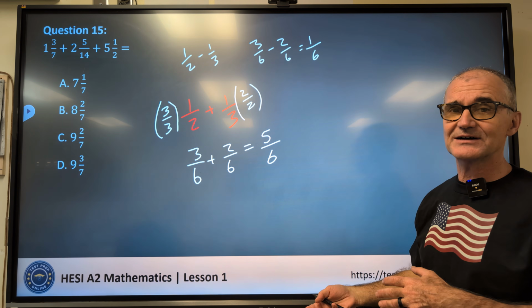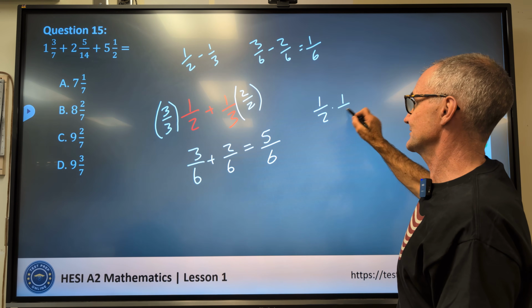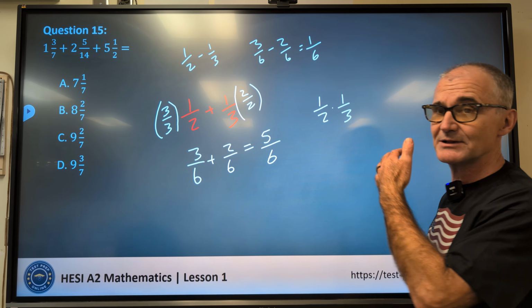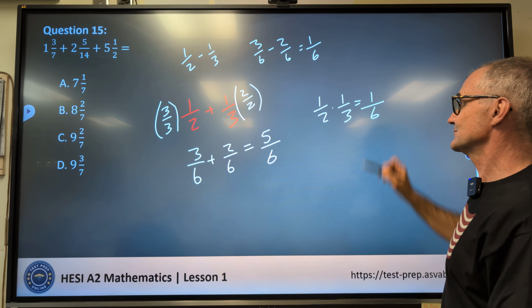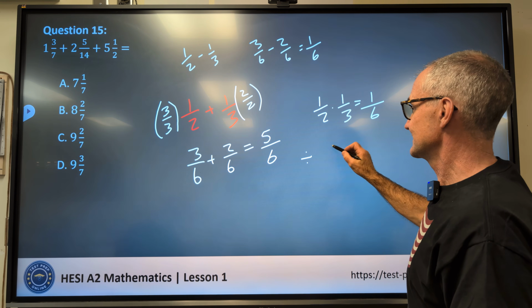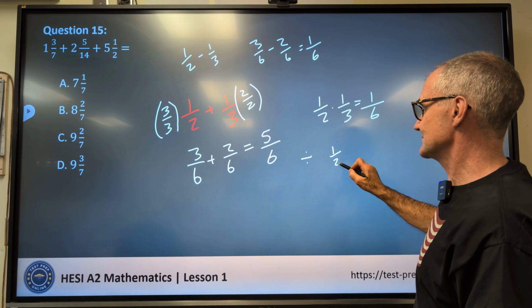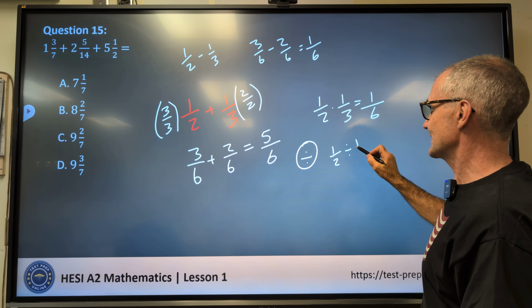Surprisingly, multiplying and dividing is easier. If I have 1/2 times 1/3, I just multiply across the top, 1 times 1, multiply across the bottom, to get 1/6. Then if I divide, it's kind of a weird rule. So to divide, I go 1/2 divided by 1/3.